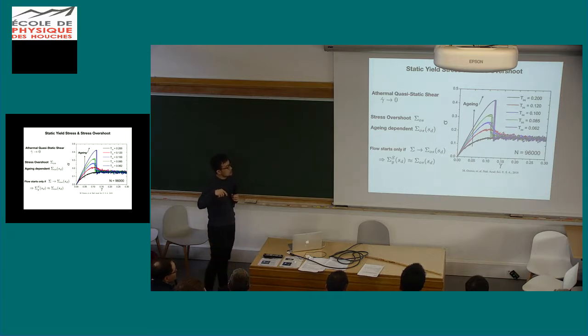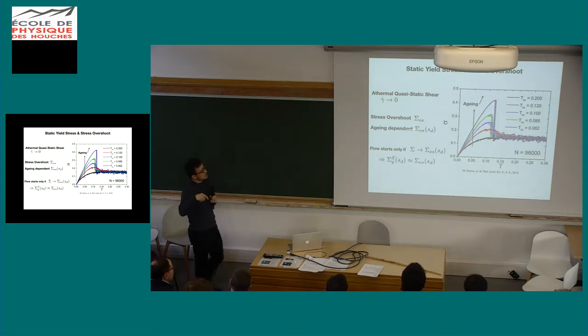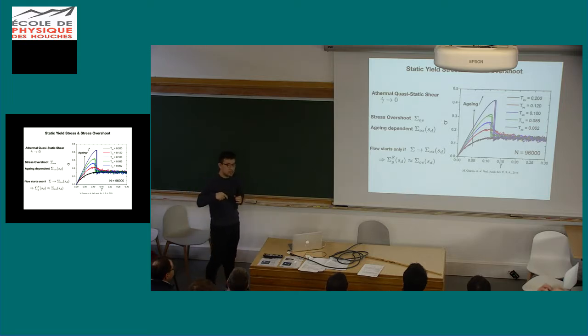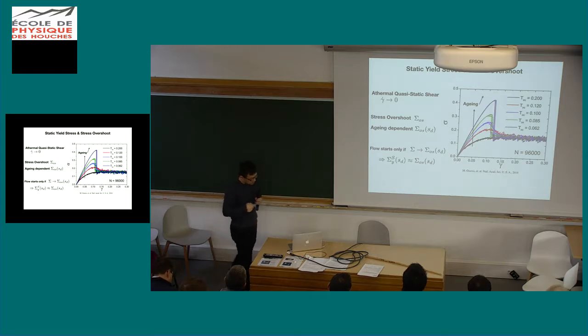If you start with a very well annealed system and you apply a stress larger than this dynamic yield stress but smaller than this overshoot, you will probably get stuck on the elastic branch. The only way to fluidize the system is to apply a stress larger than this overshoot. So there's a close relation between the stress overshoot in the quasi-static limit and the static yield stress that you have in creep.